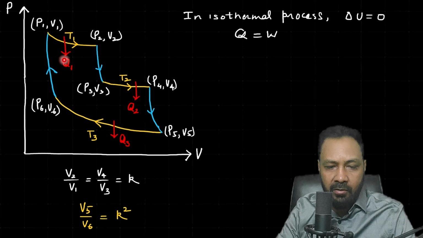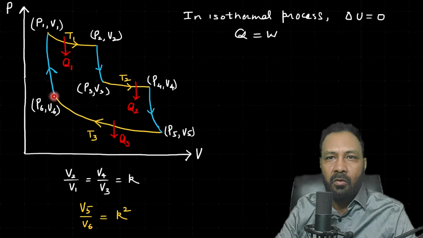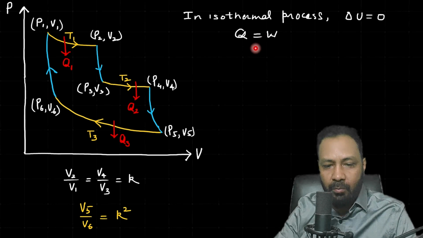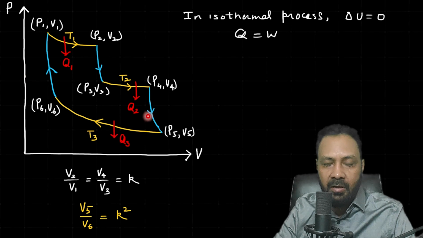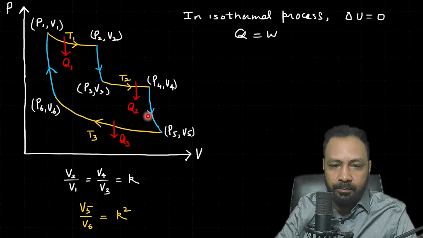So in this part, heat enters the system, and the same thing happens here. Suppose heat entered into the system here is Q2. On this part there is a compression, so volume decreases, so work done is negative, so Q is negative. If Q is negative, it means heat is rejected. Suppose the magnitude of the rejected heat is Q3, and on these parts, which are adiabats, no heat enters or leaves. So Q is 0 there.